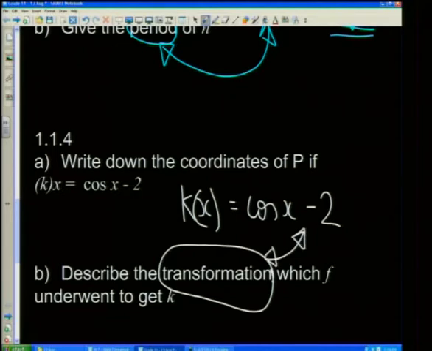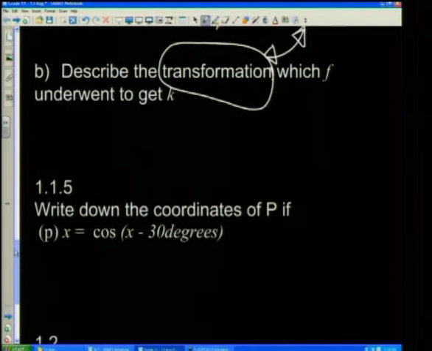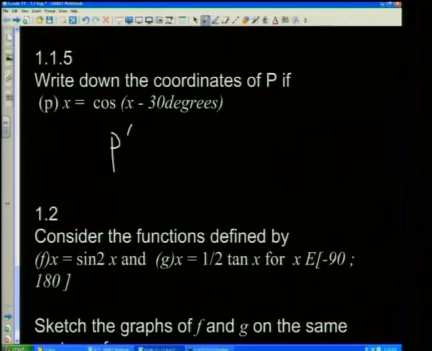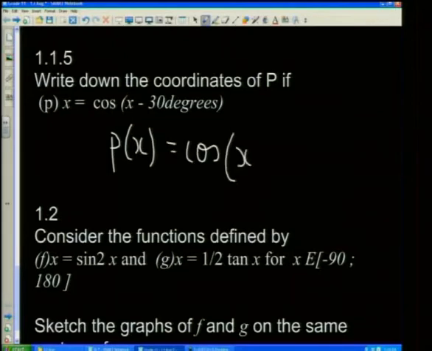So some connection there. What transformation do we see? And then finally, we'd like to look at P of x as the cos of x minus 30 degrees. And again, we'll stop there because this is a different function.